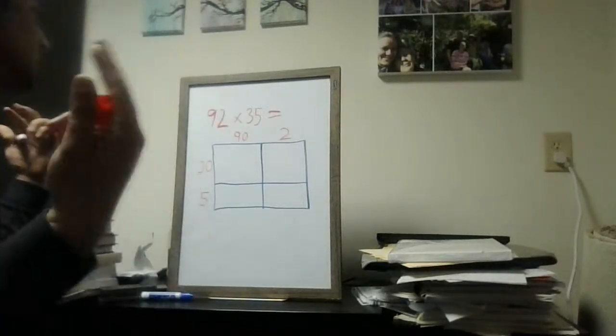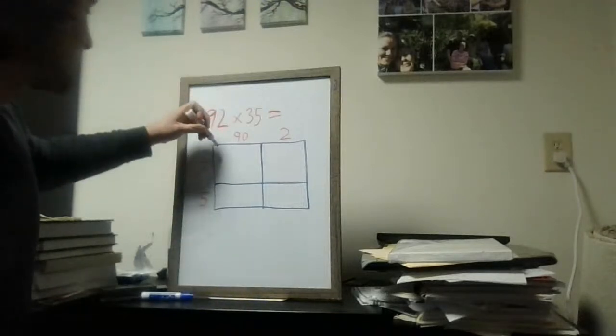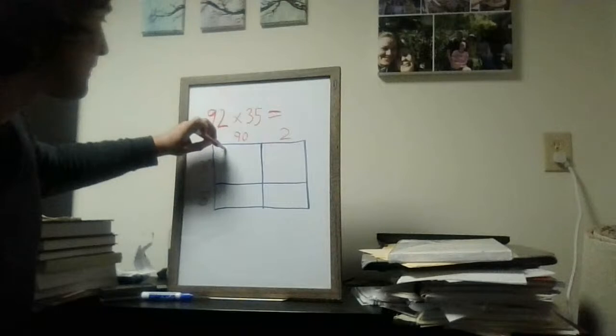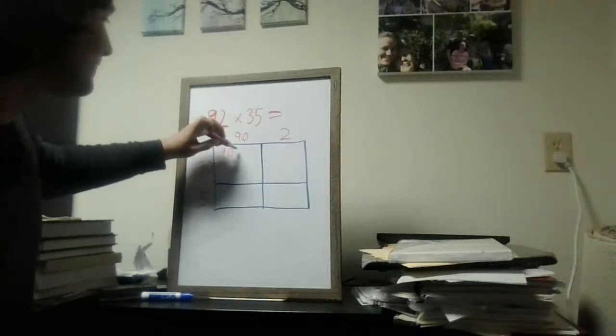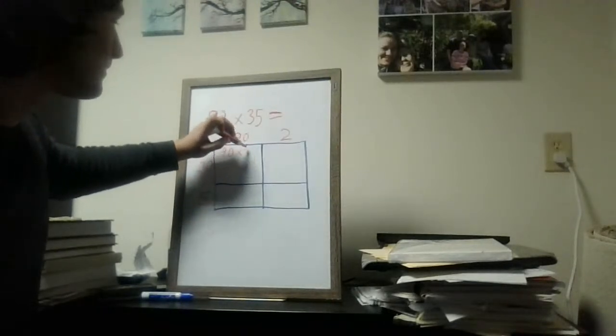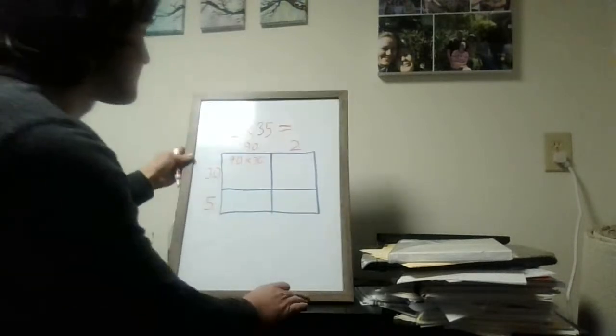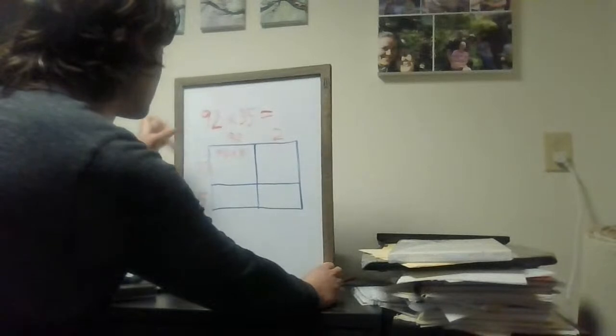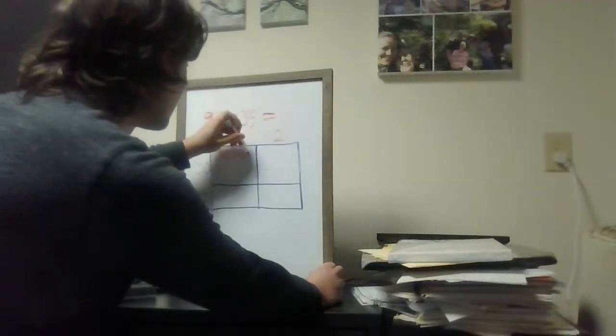The different boxes. So first box here, I think we're all getting the hang of it now. We have to multiply 90 times 30. All right, I'm going to do my due diligence to keep this board from falling today.